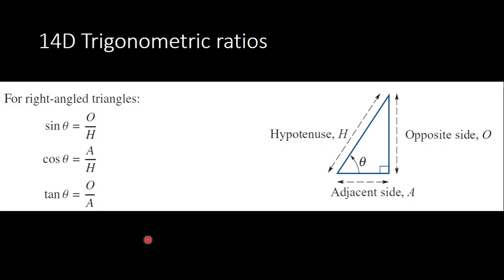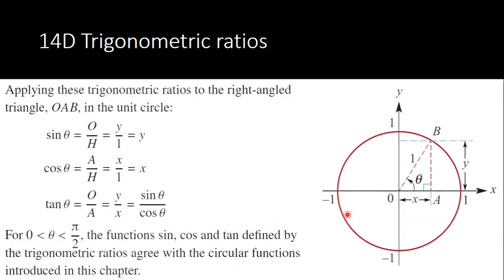14d, trigonometric ratio. So let's put all of that together. So we have sine, cos, and tangent from your SOHCAHTOA in a right angle triangle is equal to all of that. If we apply that to the unit circle, so we have a circle of radius 1, it implies that OB, or the hypotenuse of the right angle triangle, is equal to 1.